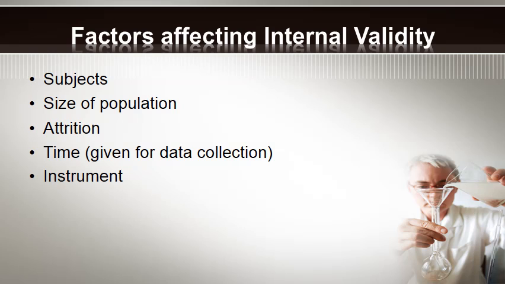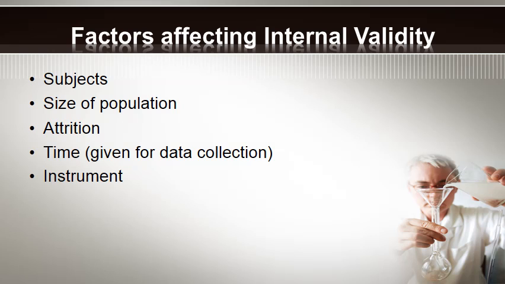This is just a quick list of some of the factors that might affect internal validity. The subjects, and now this is internal validity, so they're looking at characteristics of the subjects, the size of the population. Did you have an adequate sample? Attrition.